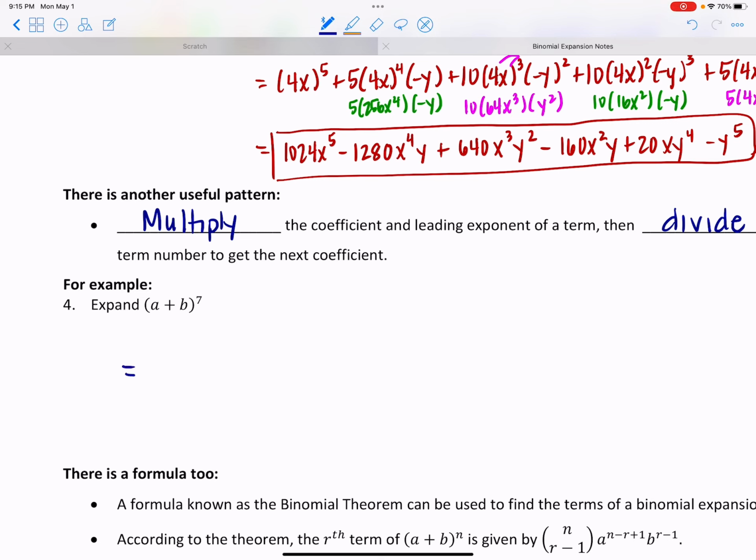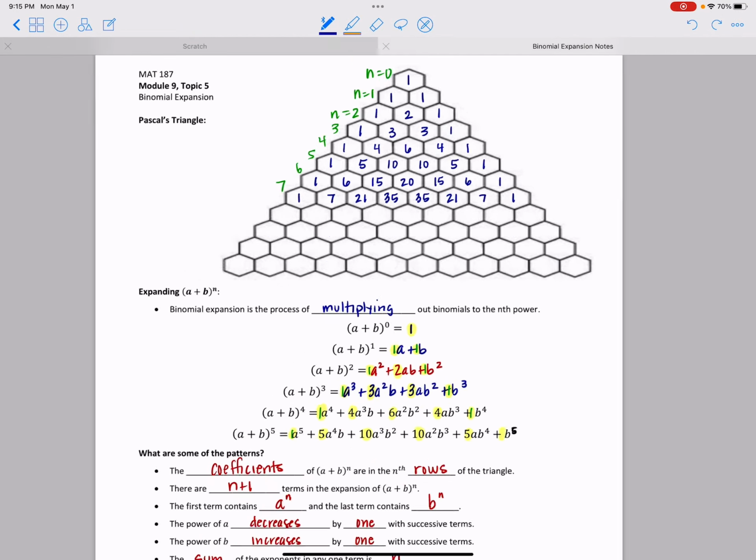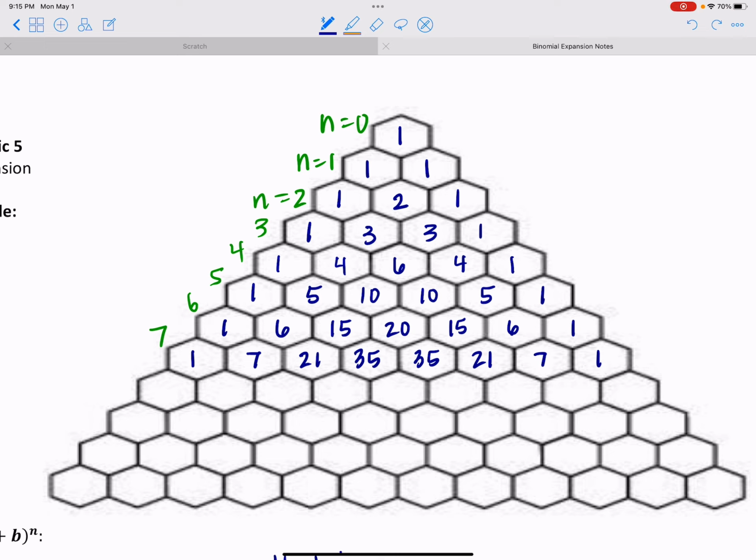So I know already that this is going to begin with an a to the seventh, right? We start with our a to our seventh power. And then the next coefficient, and maybe you've seen this pattern in here too, right? The next coefficient, when it's a power of 2, the next coefficient's a 2. Power of 3, next coefficient's a 3. Power of 4, next coefficient is a 4.